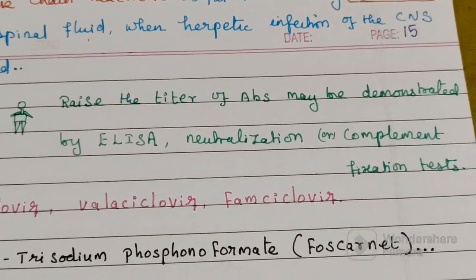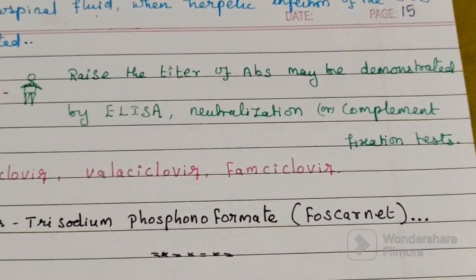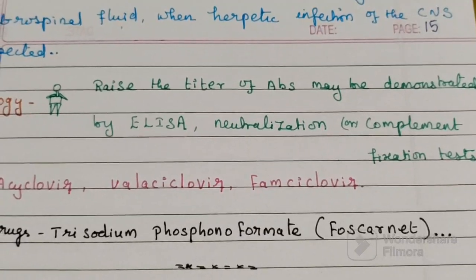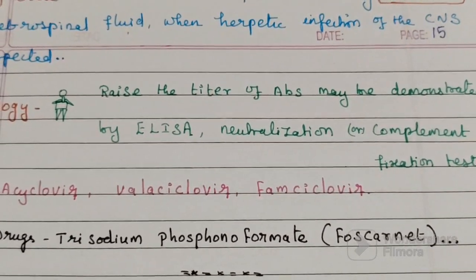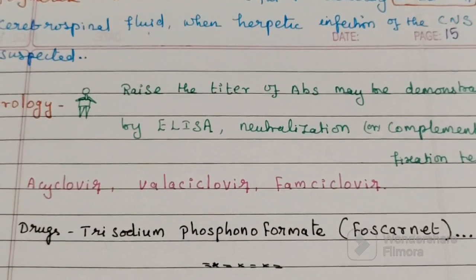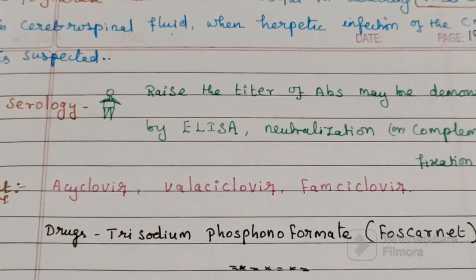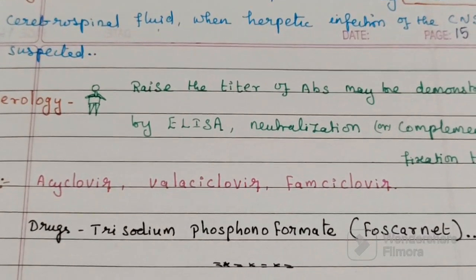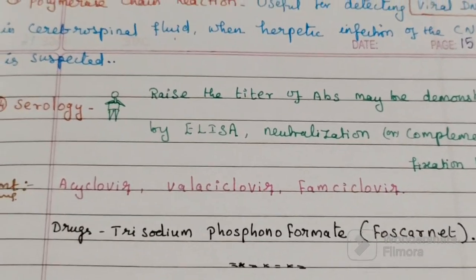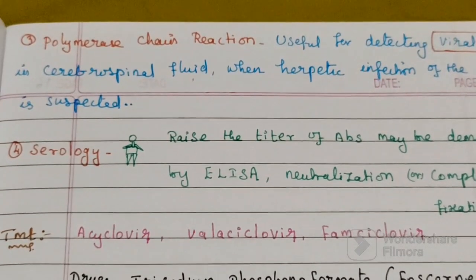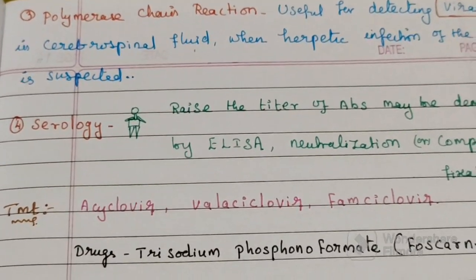We want to search for antibody against the antigen, which enters the patient's body, and detect the antibody using the ELISA technique. So these are the four methods: microscopic method, virus isolation, then polymerase chain reaction, the most effective method, and last, the serological method.